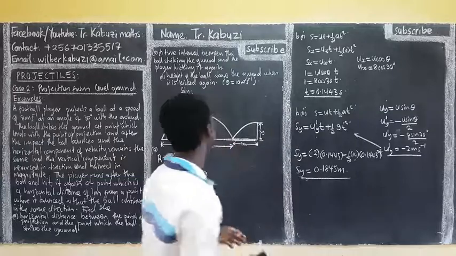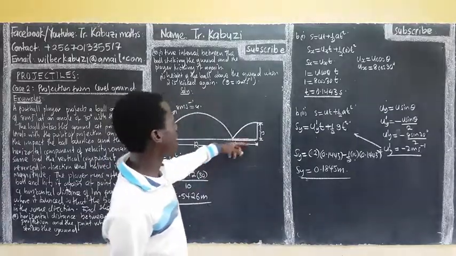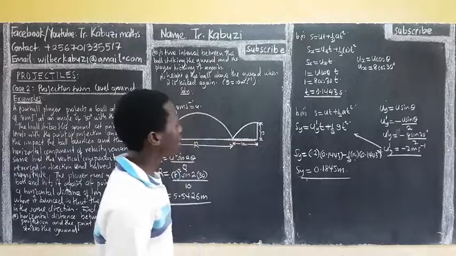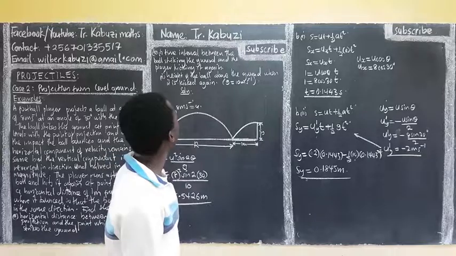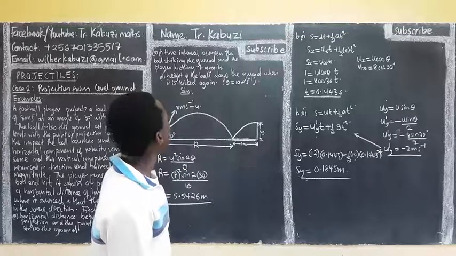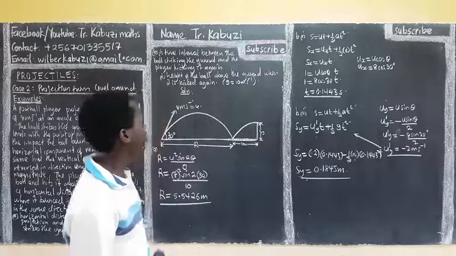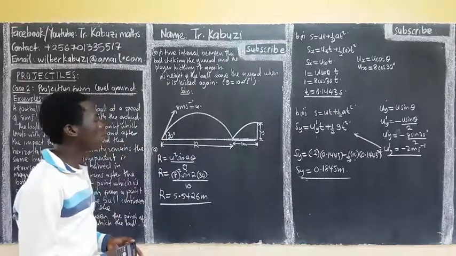So this is the height that this ball is going to be at when that batsman wants to hit it again. So basically that's it there. Unless otherwise, I wish you well.